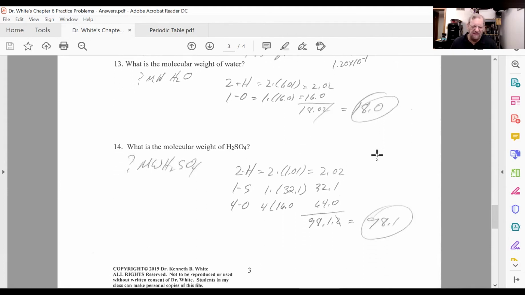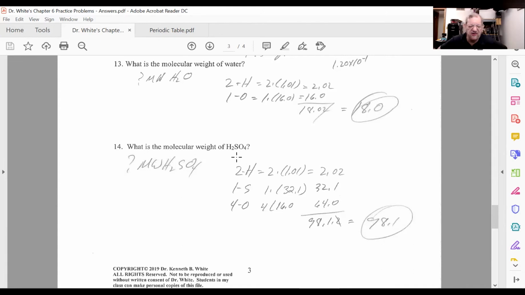Let's do another one. What's the molecular weight of H2SO4? By the way, this is sulfuric acid, and if my memory serves me correct, which it usually does, this is the molecule that's made the most of any compound in the United States or even in the world.